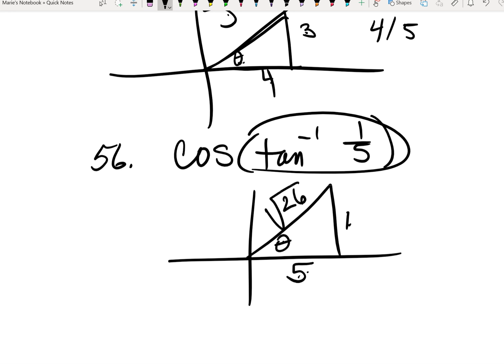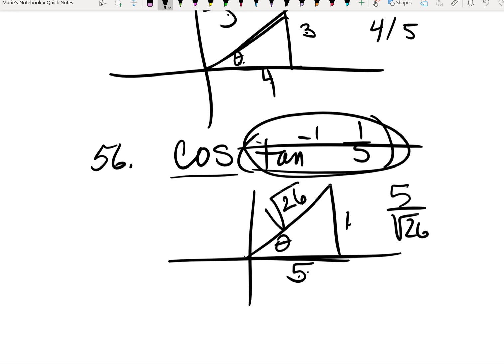Now I'm thinking this is a giant theta, and I'm looking for the cosine of that. Well, the cosine of that would be 5 over square root of 26, which multiplied by square root of 26 over square root of 26 gives you 5 square root of 26 over 26. That's it.